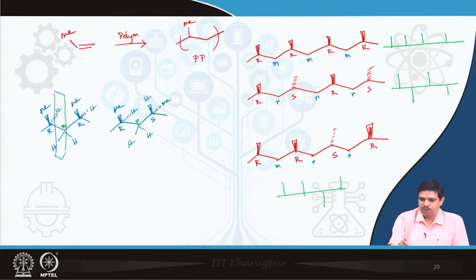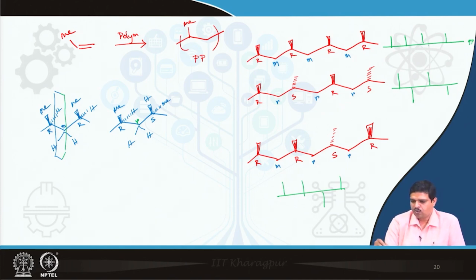So, if the methyl group is oriented above the plane, we just put the line. This is your main chain of the PP, and we put the methyl group upward, and if it is below, then we put it downwards like that.